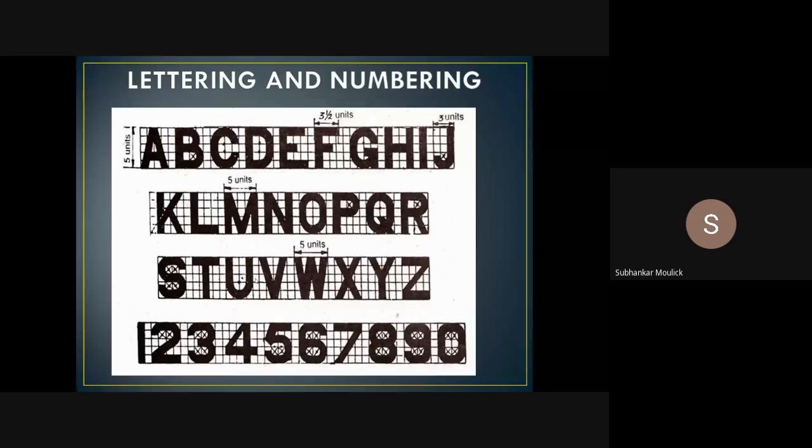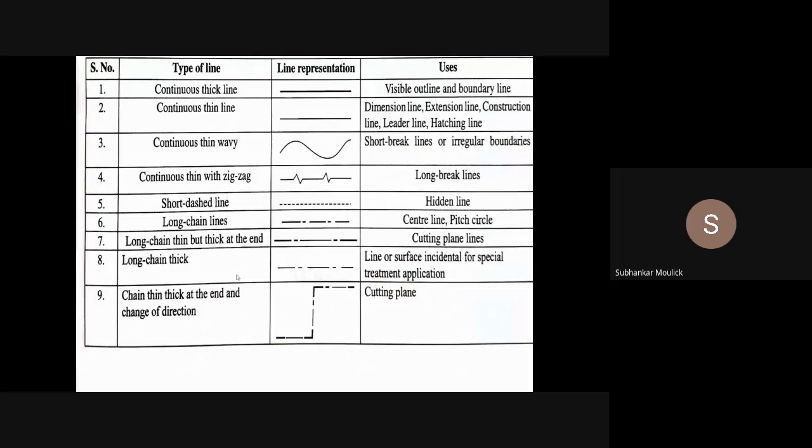Okay, next. Next is the different types of lines that we use in engineering drawing. Many lines are there. Each line is having some importance. That means when to use this first line, when to use this second line, when to use this third line in my drawing.